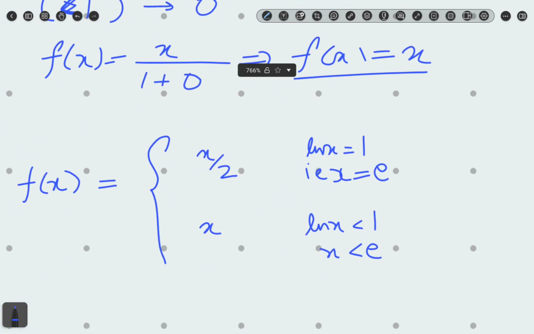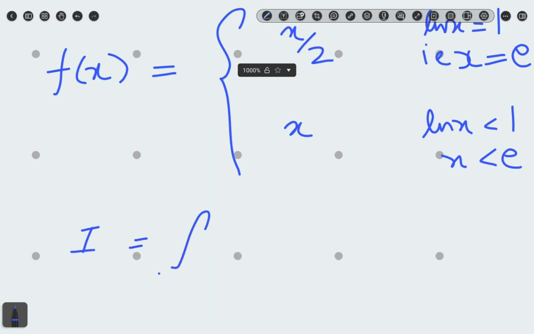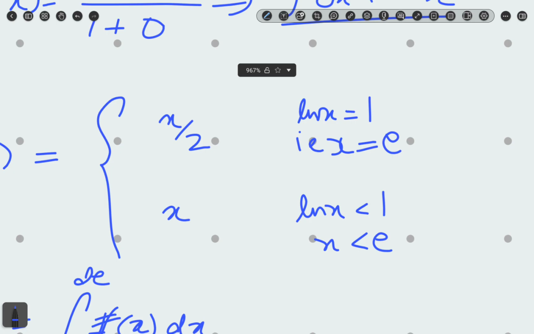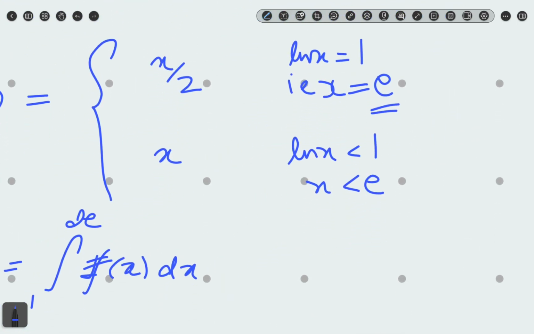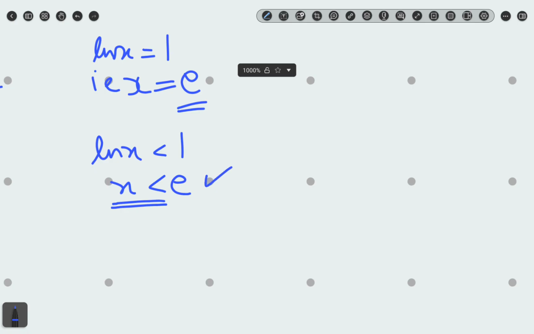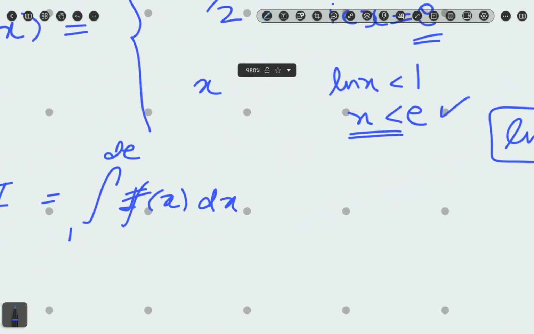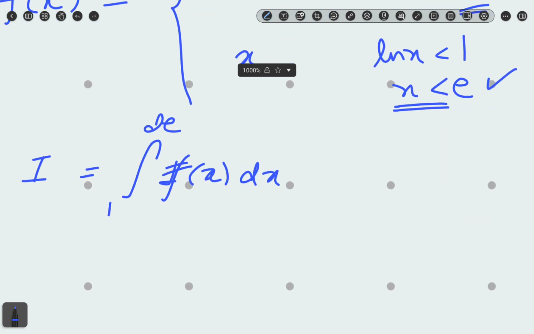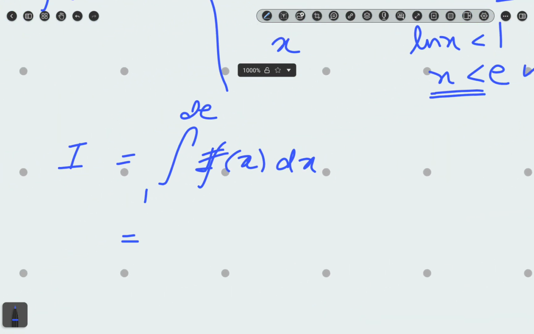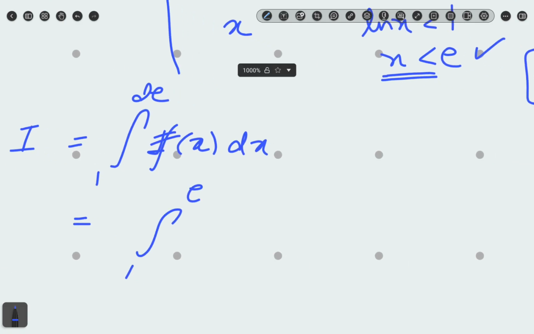Let's term it out. As f(x) is a piecewise function, then the integral would also be a piecewise function. That is clear, right? Now let's see the domain of f(x). It is when x is smaller than e, and the domain of ln x is x belongs to 1 to e, right?